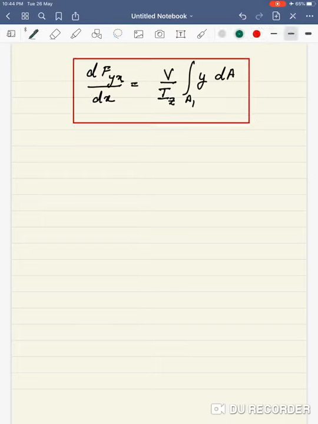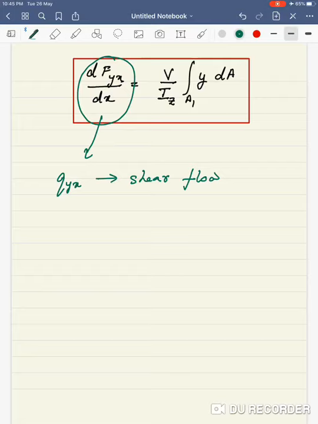So this particular term right here is also called qyx, which is also called shear flow. It is not a shear stress. It is the force along the x direction, and it is called shear flow.